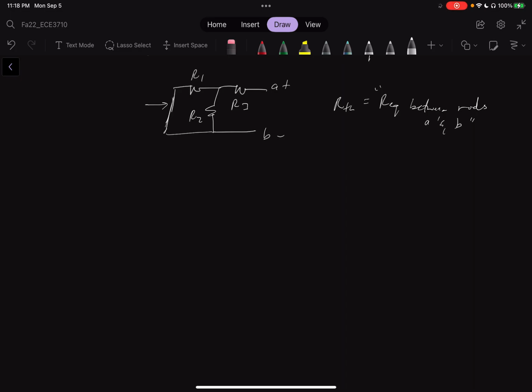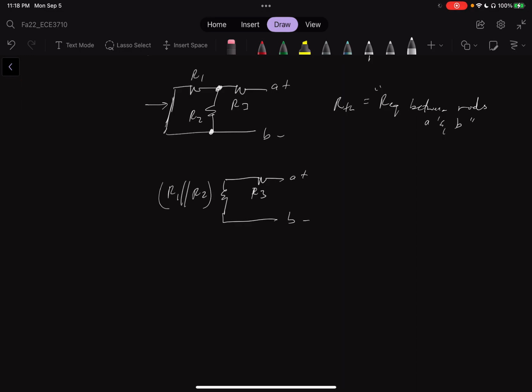Well, we notice R1 started from the bottom. Now my whole team here, R1 and R2 are in the same team because it started from the same bottom and at the same top nodes. And that means we have R1 in parallel to R2 as a new resistor, and they're connected to R3.